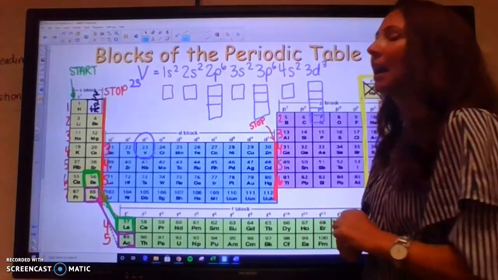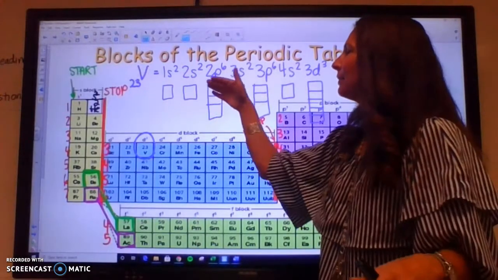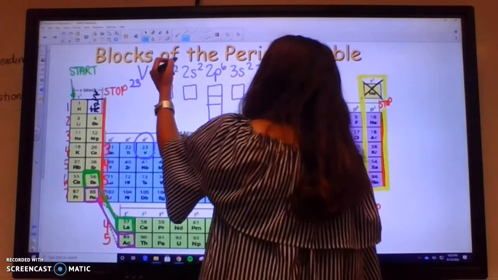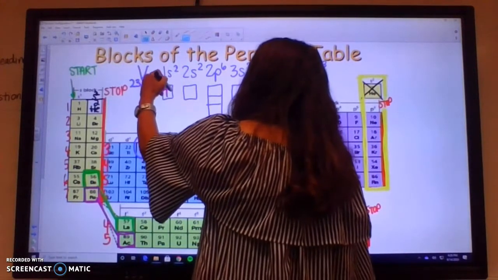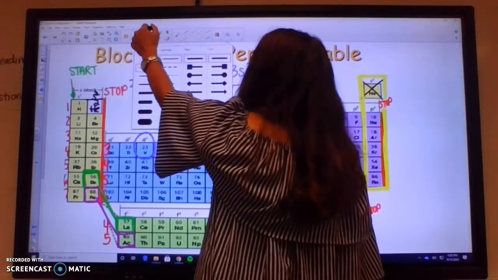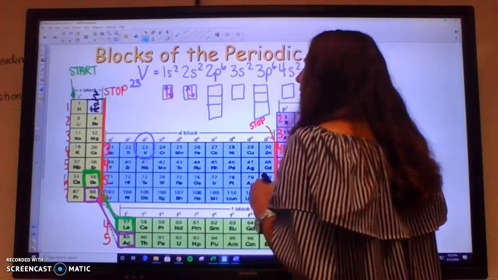Now we're going to go back and add our arrows. I want you to notice a pattern in each of these. Here we have an exponent of a 2. That means we have 2 arrows in that box. I need to make this a lot smaller. And then the next one's going to be 2 arrows, so 1 up, 1 down.